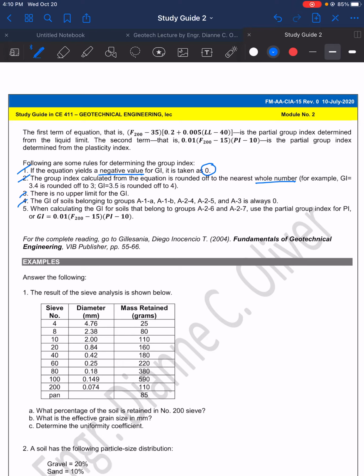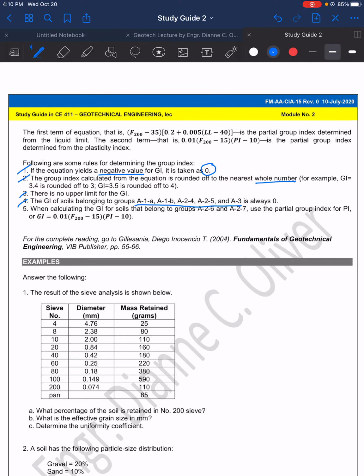Number 4, the GI of soils belonging to groups A-1, A-1-A, A-1-B, A-2-4, A-2-5, and A-3 is always 0. So, this is already a shortcut.